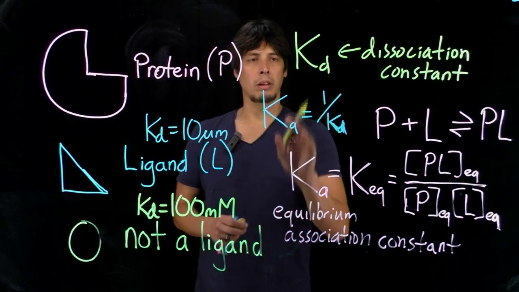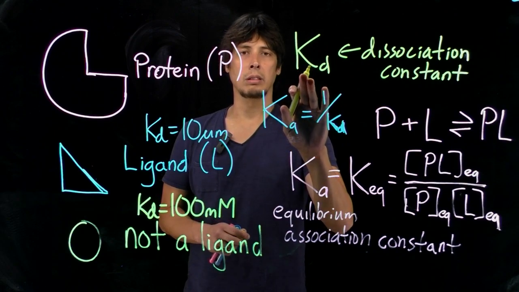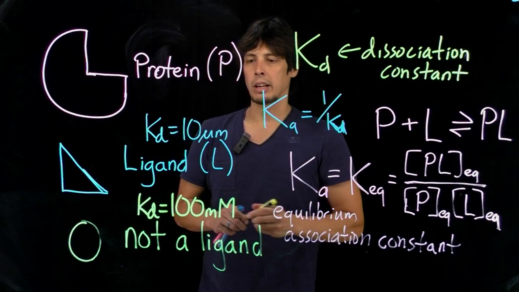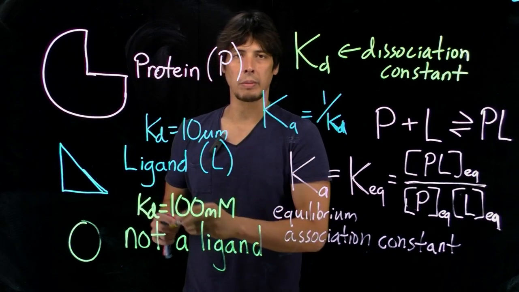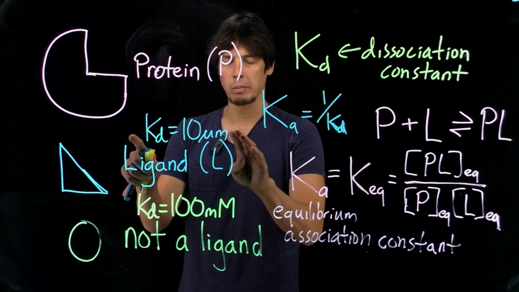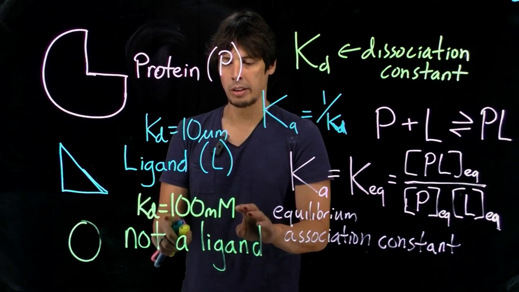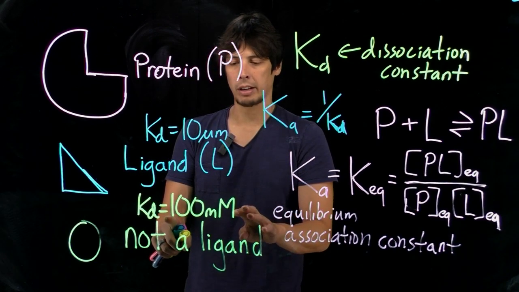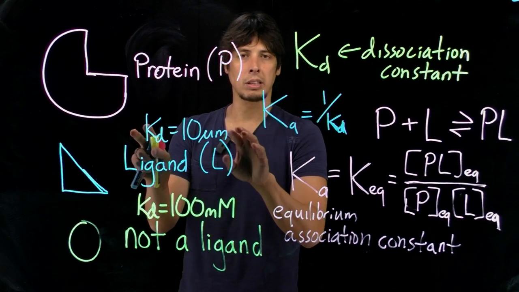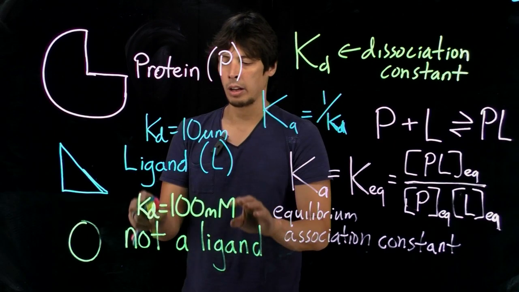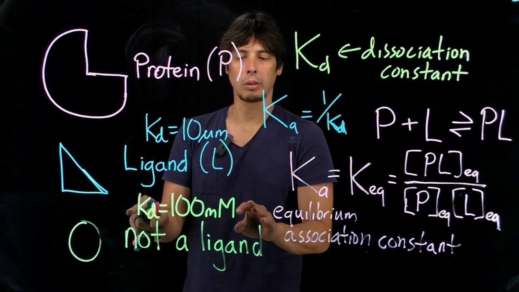And what's nice about working in Kd to look at ligand affinity is that the smaller the number that we have, the more tightly it binds to the protein. So a Kd of 10 micromolar is much smaller than a Kd of 100 millimolar. In fact, it's 10,000 times smaller. So this binds with a 10,000-fold greater affinity than something with a Kd of 100 millimolar.